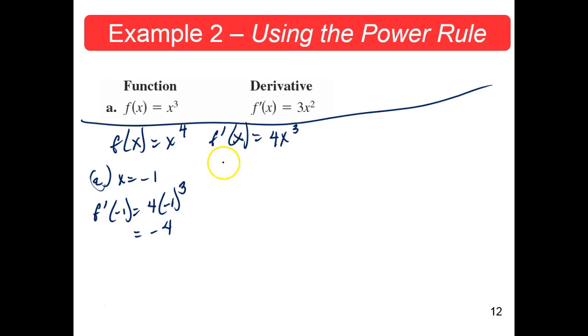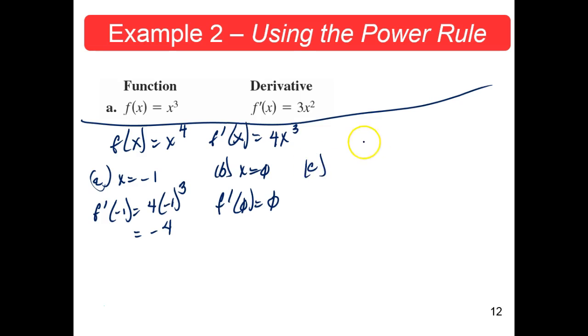Okay? So the B part here is asking what is the slope when x equals 0. So x equals 0, what's your slope? F prime of 0 is equal to 0. Now that one did come out 0. How about the C part?